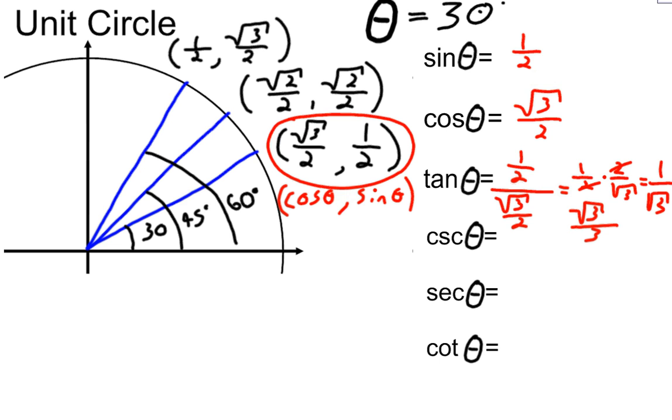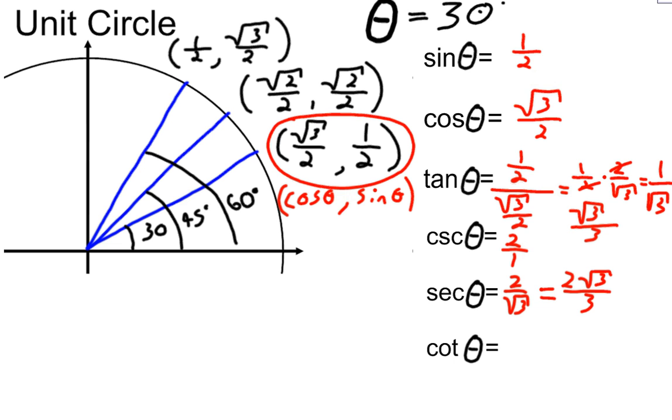So now I can go ahead and do the reciprocals fairly easily. Sine is 1 over 2, so cosecant is going to be 2 over 1. Secant of theta, or secant of 30 degrees, is 2 over the square root of 3. Rationalize, and I get 2 square root of 3 over 3.